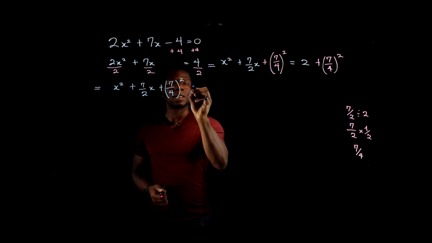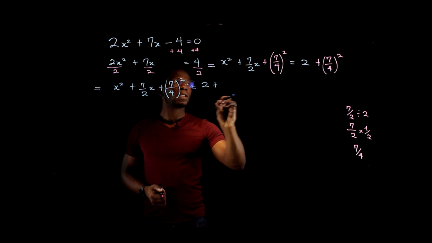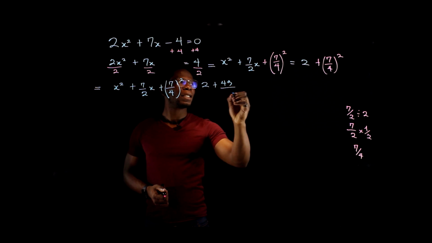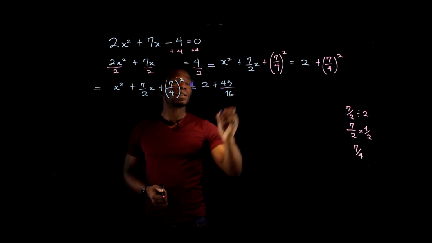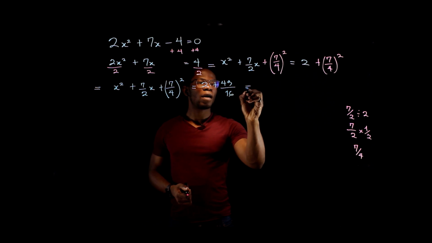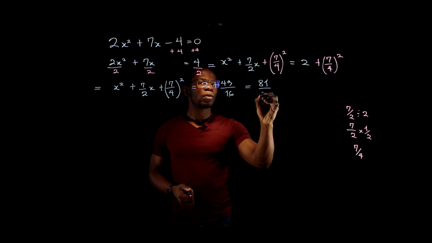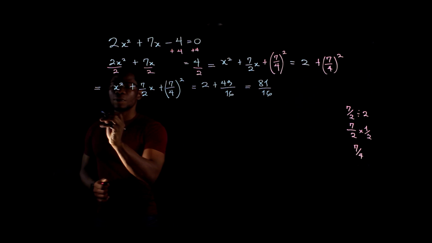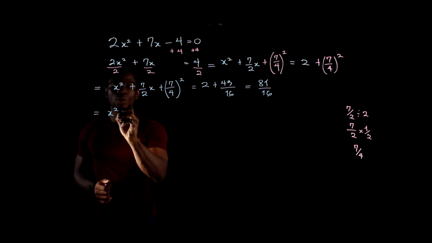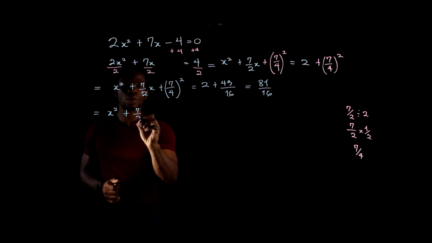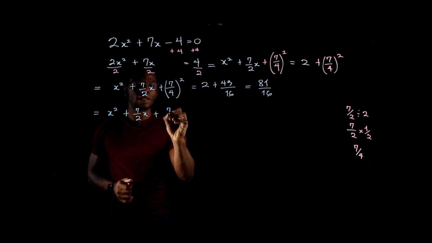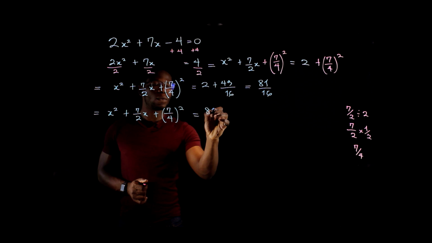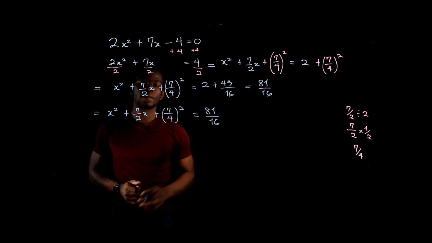equals 2 plus 7 squared, which is 49, over 4 squared, which is 16. If we solve this, we're going to have 81 over 16. So our equation then becomes x squared plus 7 over 2 x plus 7 over 4 all squared equals 81 divided by 16.